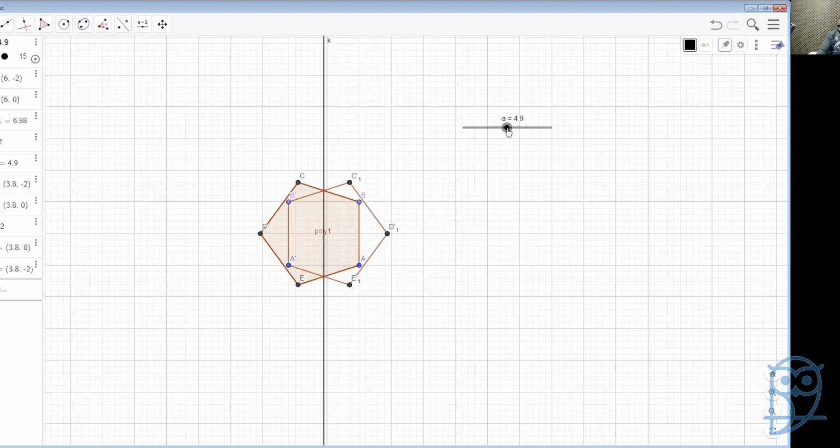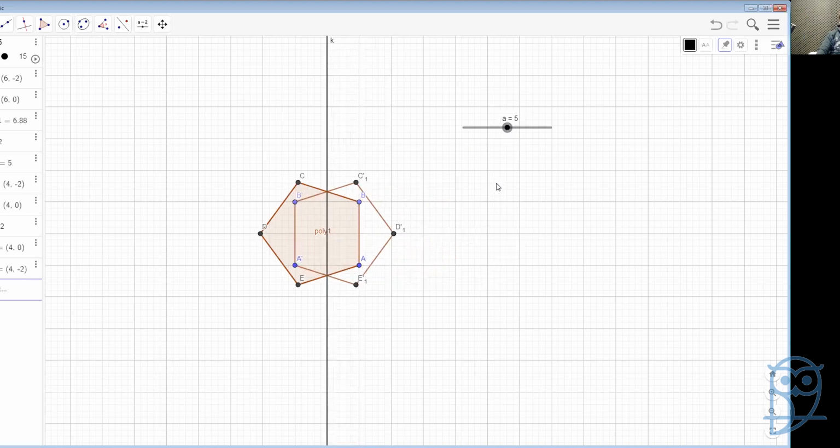If we bring it closer to here, we now have a problem because it might be a little confusing to join that whole line, because there's where my line of reflection is. So I'm now going to have to join only this bit first.